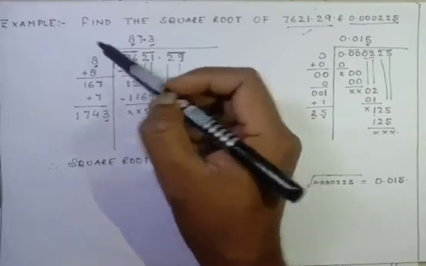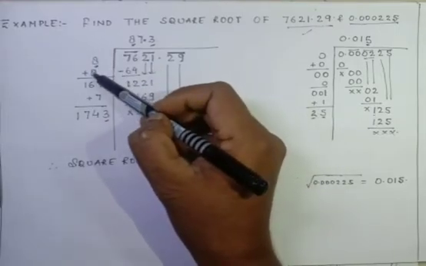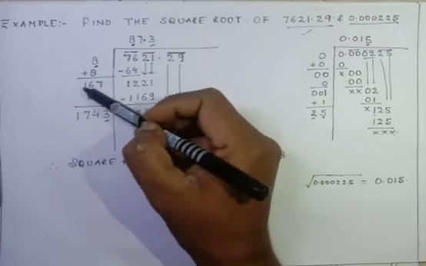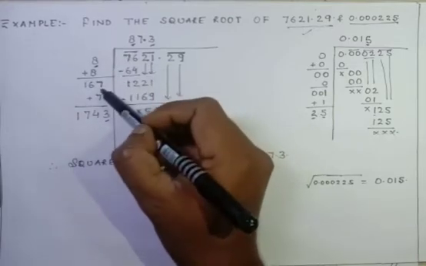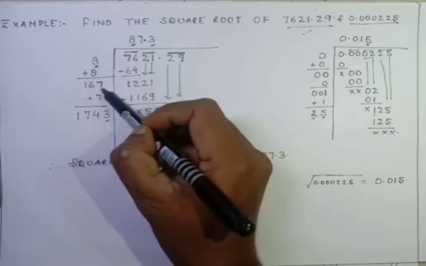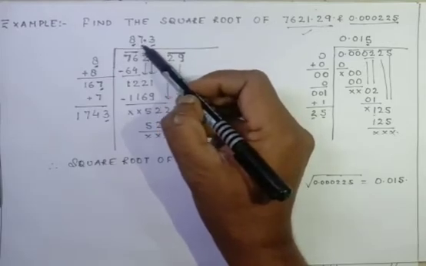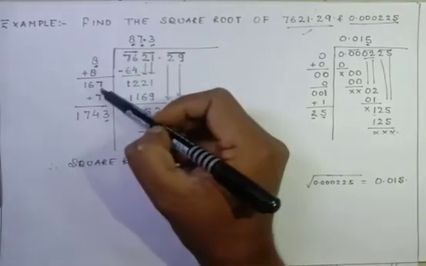Now the next step is to add the same number here, so it becomes 16. Now I have to find a new divisor. I have to add one number here, the same number in the place of quotient also. If I place 7 here, then I place 7 there.